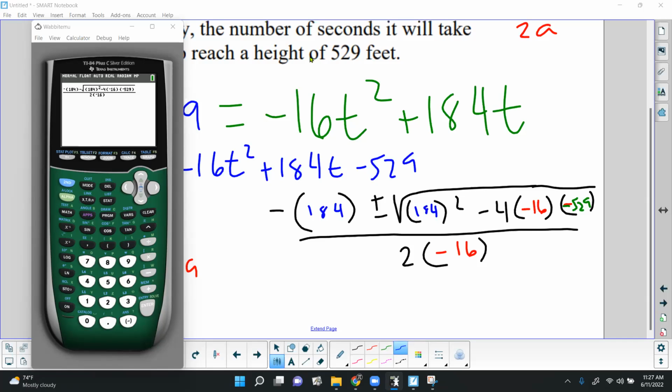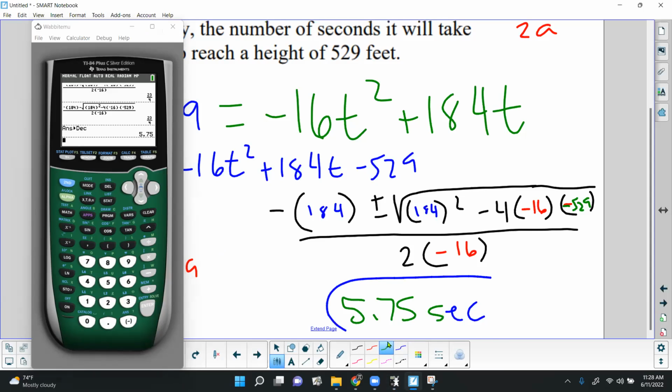I also got that, Christian. When I type it into my calculator here, I get a fraction, because I entered my math as a fraction, but you can always convert it or divide it yourself by pressing math, convert it to a decimal, and you get 5.75 seconds. You would have to write 5.75 seconds and circle that at the bottom of your paper.